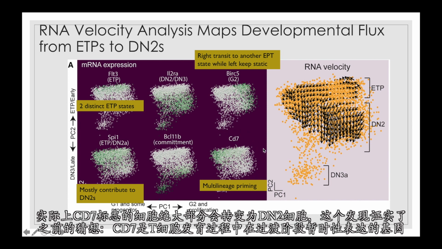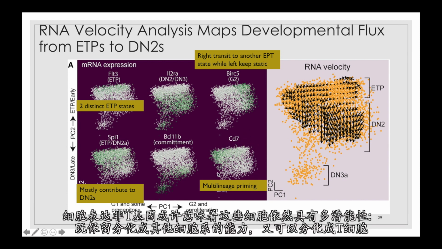The CD7 marker is more like a transiently expressed marker of the transition stage of the T cell lineage. The expression of the non-T cell marker may also mean multi-lineage priming of the progenitor cells, which still have the multipotency to become different lineages and also have the possibility to change into the T cell lineage.